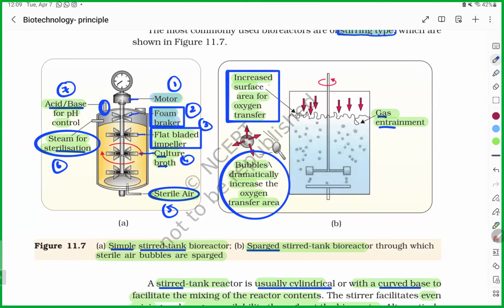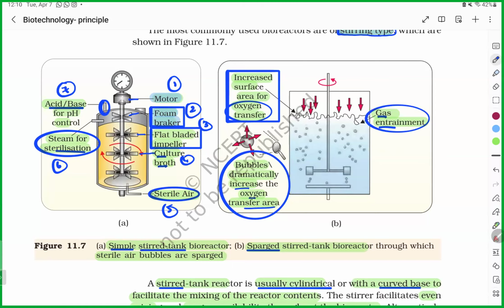On this side we increase surface area. Why? More surface area, more oxygen transfer. And if you see the bubbles, they increase the oxygen surface area. More surface area, more growth of the bacteria. Gas entrainment means more gas is present, more oxygen means more bacterial growth.